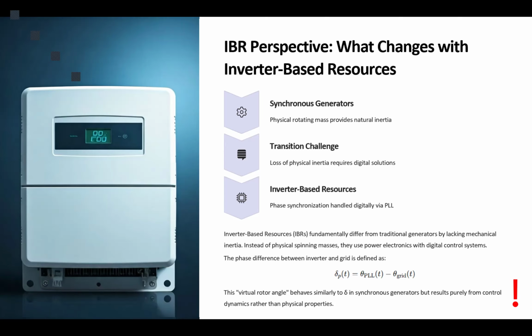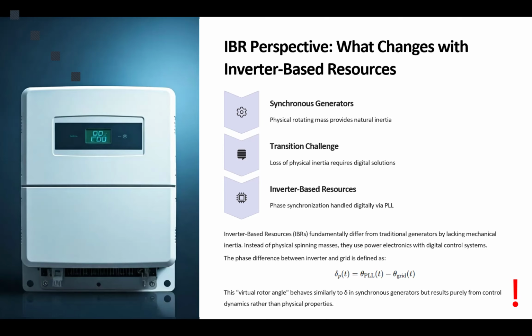Now, to do that, as you remember, that swing equation was the dynamic of the delta, the rotor phase angle. Let me restate that in a better way so you could understand.